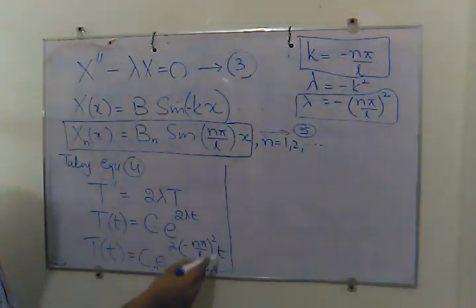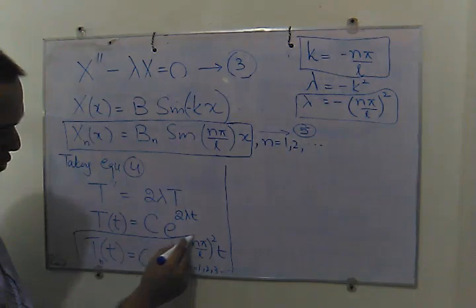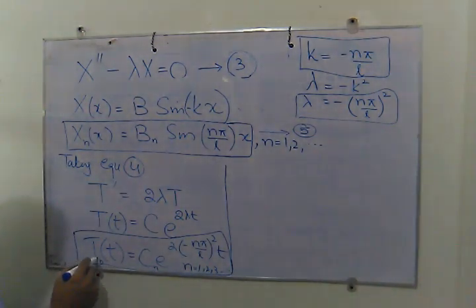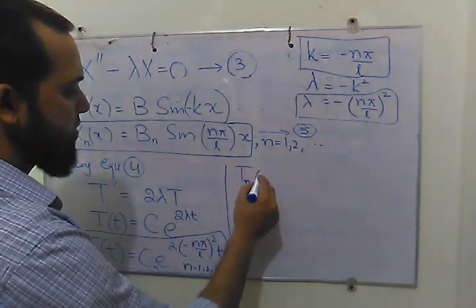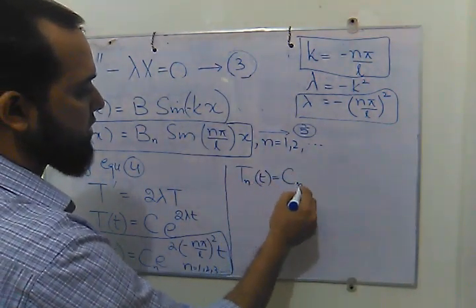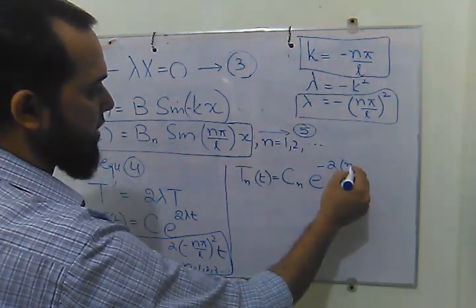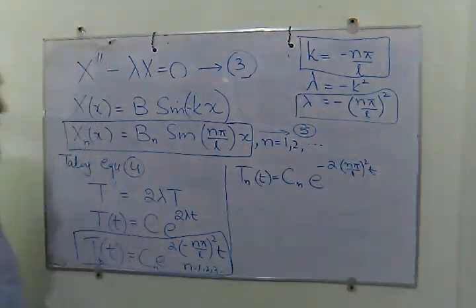This makes it multiple solutions. I write it here as Tn of t is equal to Cn exponential minus 2 n pi upon L square t.